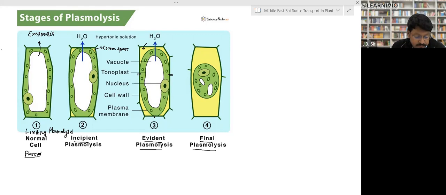Next stage, first stage, that is limiting plasmolysis.